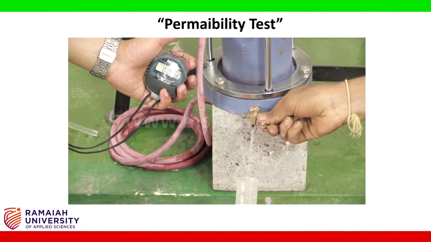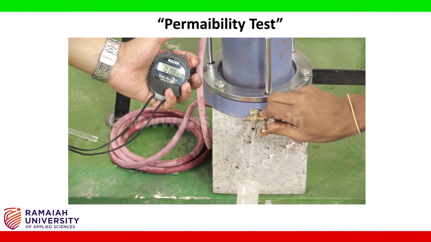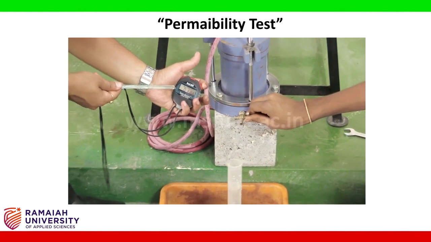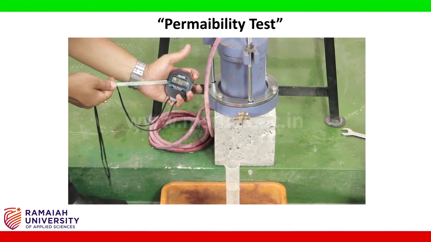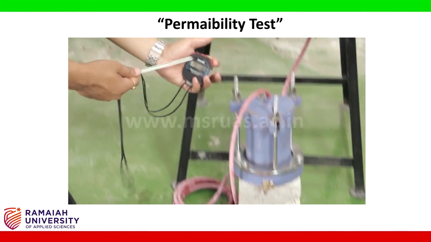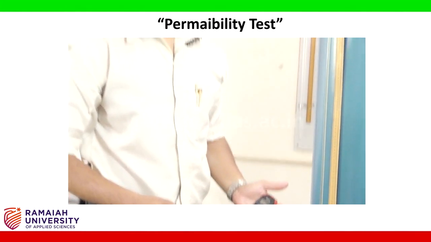So the time required to fill 100 ml will be measured in seconds by making use of this stopwatch, and this time is what is being noted in the tabulation column that is being supplied to you.